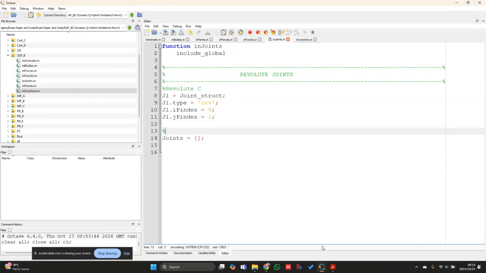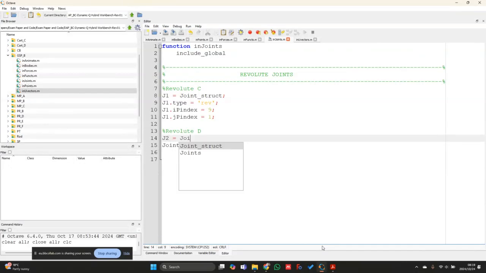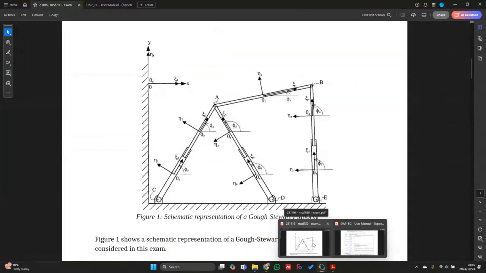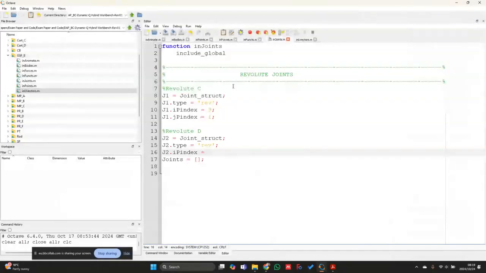Then I just have to go and do the same for revolute joint D. So I'm just going to type in J2 is equal to joint structure. J2.type is once again a revolute joint. J2.IP index will then be point D on body 6 and then point D on body 0 as well.